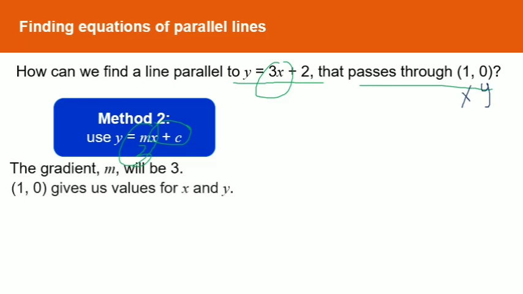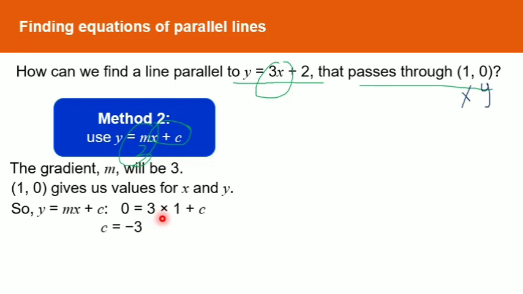So we already have the gradient as 3, and we just replace the y. The y is 0, so it becomes 0. The m is 3 and the x is 1. The c, do we know the c? We don't know, so we let it stay as c. Then we calculate: 0 equals 3 plus c.